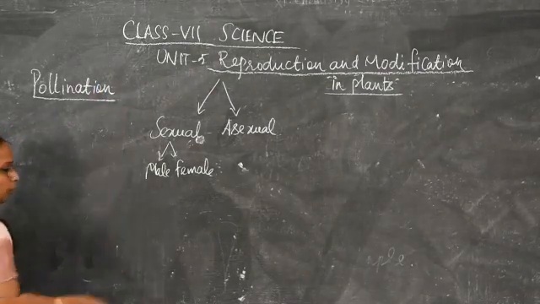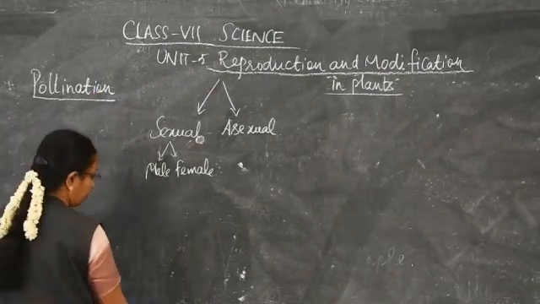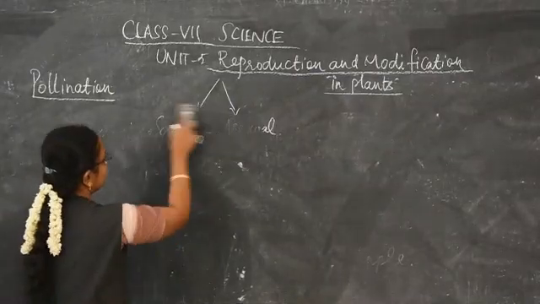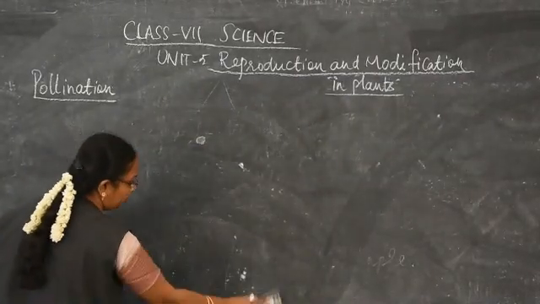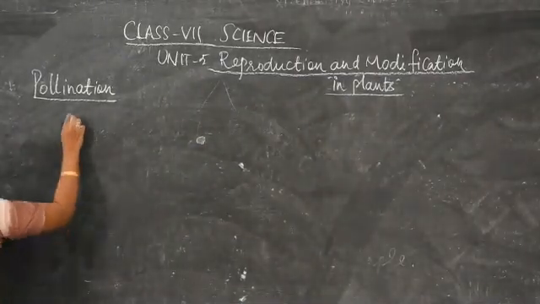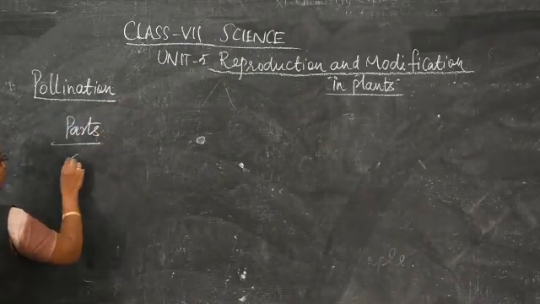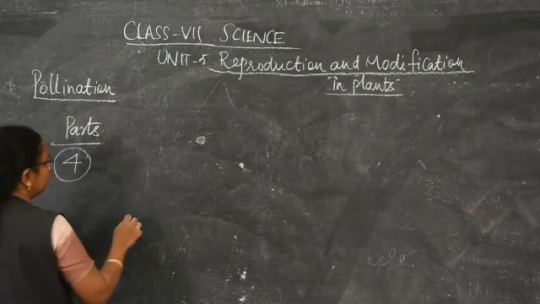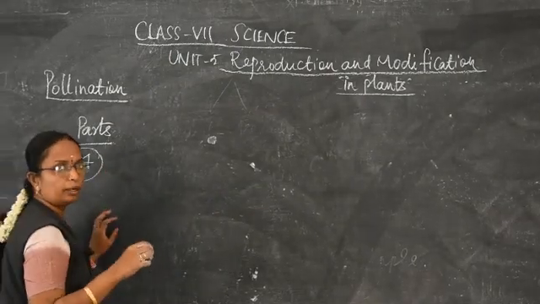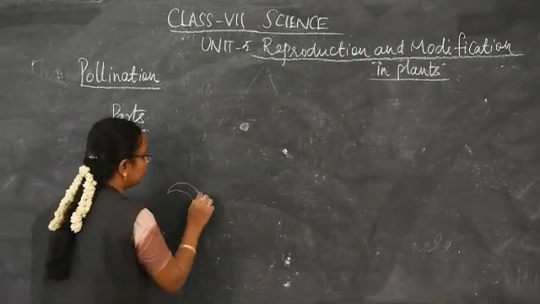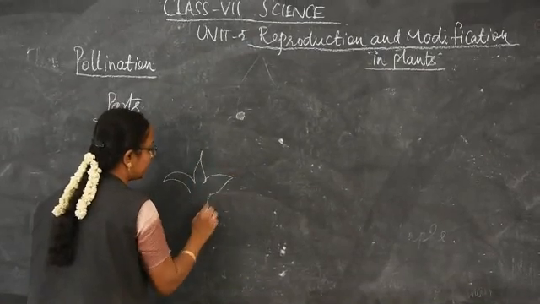Before seeing about pollination, we have learnt about the parts of the flower. Each flower consists of 4 different parts. The first part is known as calyx.